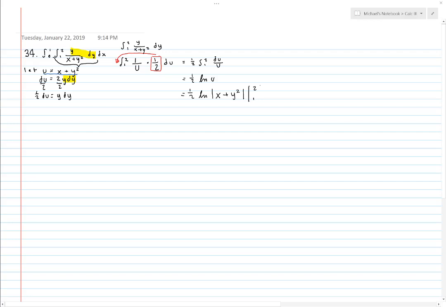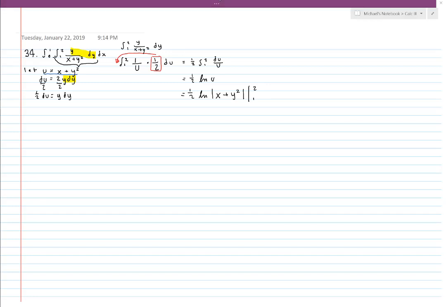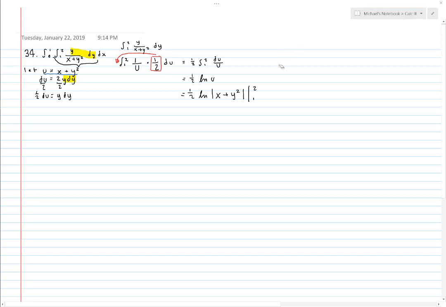Now we can evaluate. I'll put it over here on this side. Okay, there it is. Then it's 1/2, and when we evaluate it, it's the y that we're putting in for.